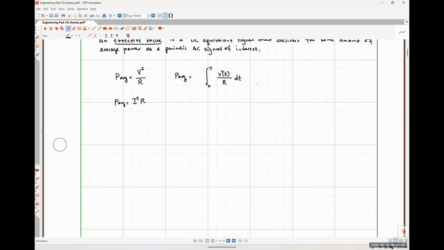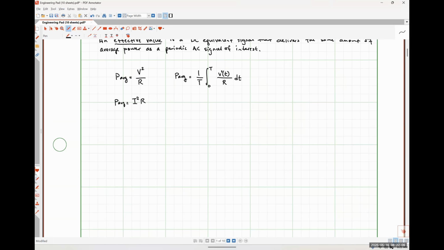And then I need to take that integral and divide the result by a factor of 1 over T. So this is exactly how we talked about finding the average power for any periodic signal formally at the end of Wednesday's class meeting, right?